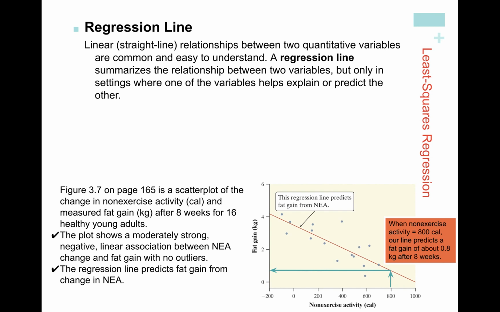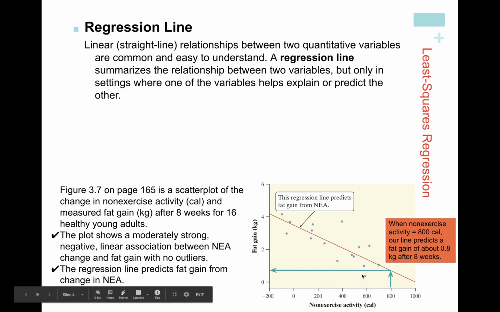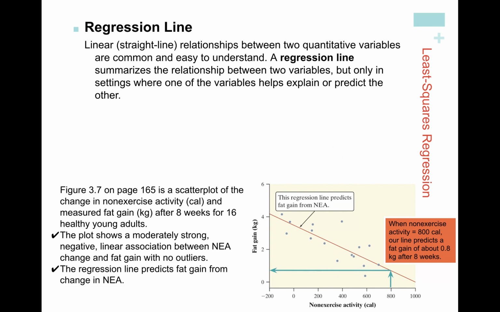And we regressed the fat gain against their NEA, or their non-exercise activity. Non-exercise activity is defined as activity that burns off calories, but it's not classified as formal exercise, right? So it's like fidgeting and things like that.